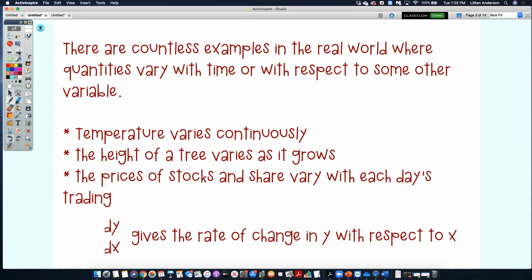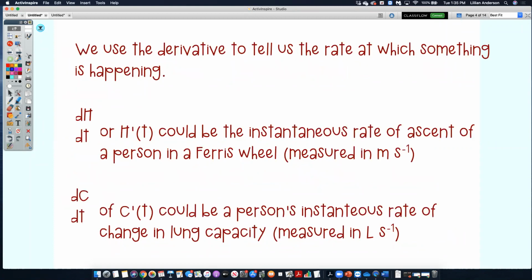And the derivative, that dy over dx, gives the rate of change in y with respect to x. So y is that dependent variable, x is that independent variable. We use the derivative to tell us the rate at which something is increasing. So for example, if you had dh over dt, or h prime of t, they both mean the same thing.